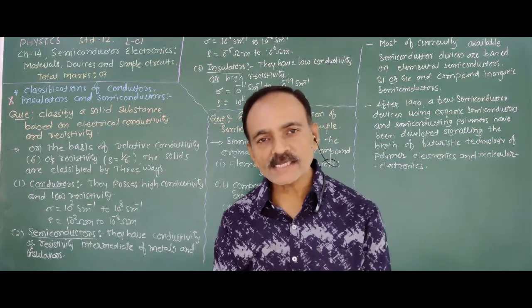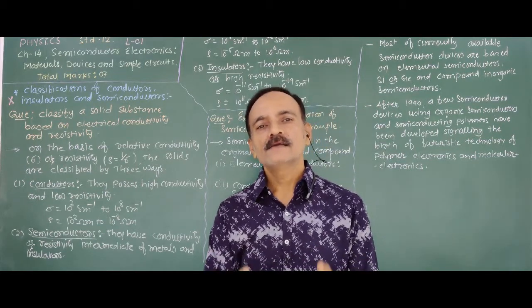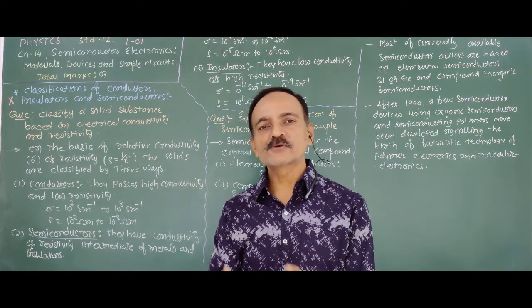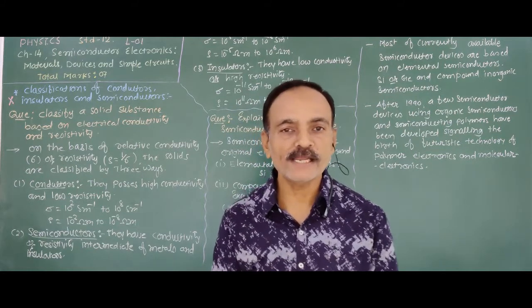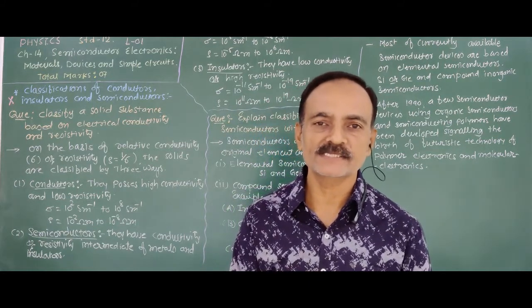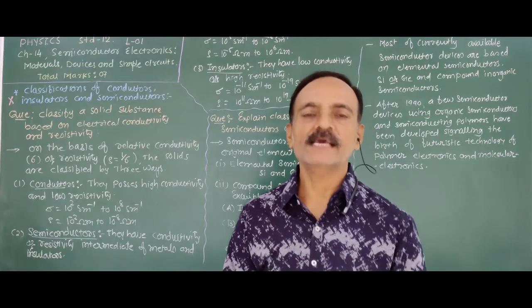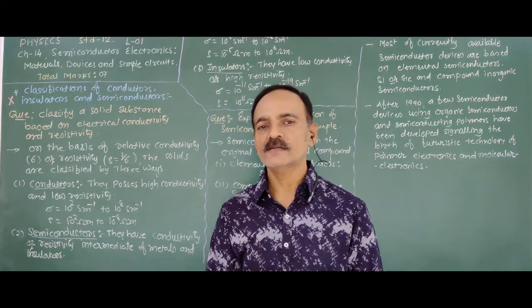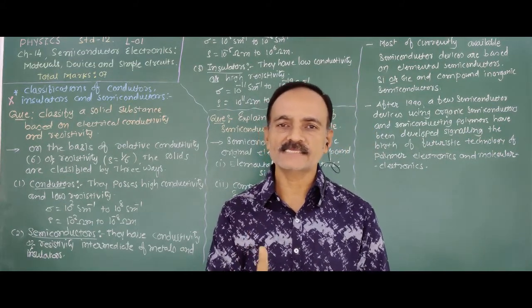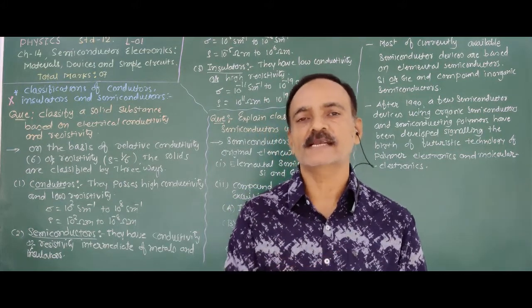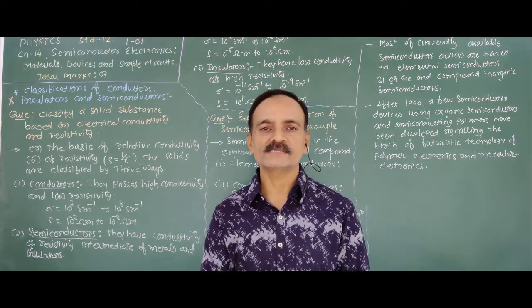That means all the electrons are used to form the covalent bonds. There is no free electron at 0 Kelvin temperature in a semiconductor. Therefore, due to the absence of free electrons, the semiconductor acts as a perfect insulator at 0 Kelvin.